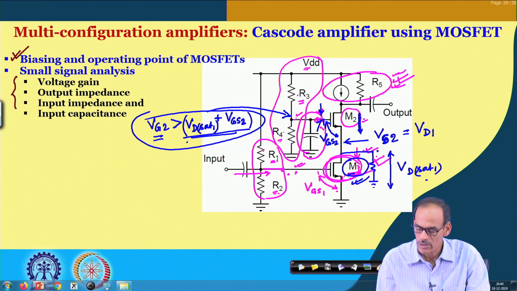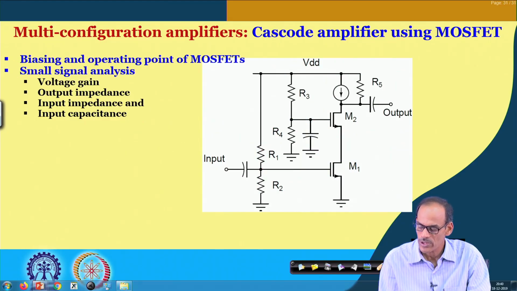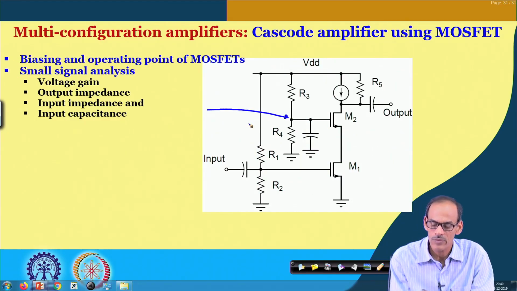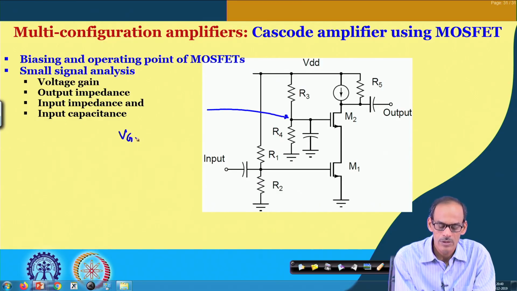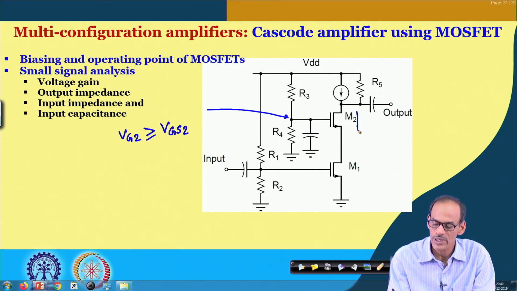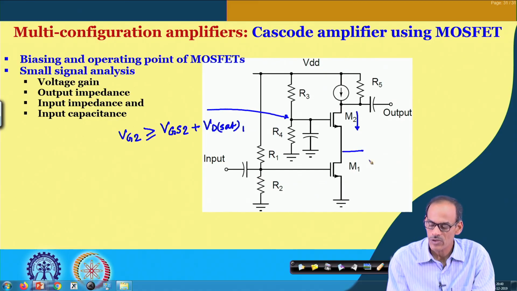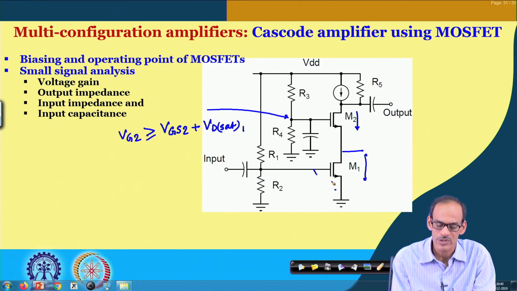So, in summary, what we would like to say here is that the gate voltage VG2 should be more than or equal to the required VGS2 to support this current, plus VDsat of transistor 1, and VDsat of transistor 1 is eventually VGS minus VTH.